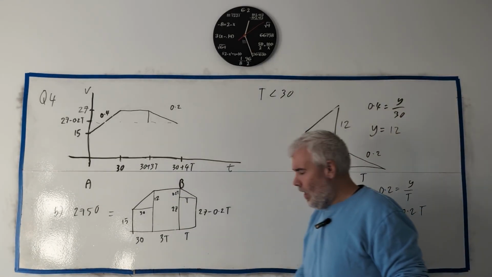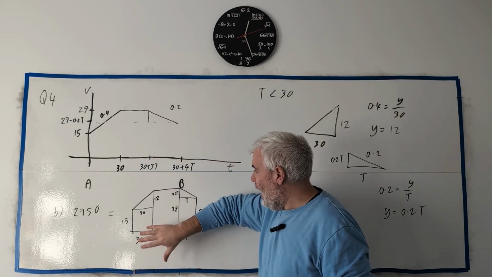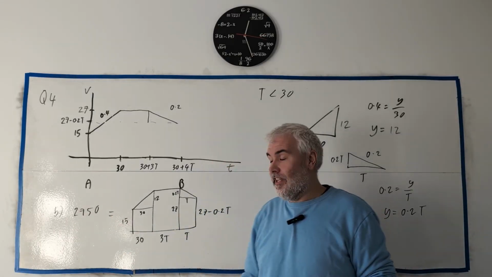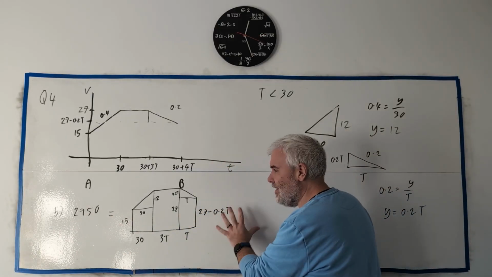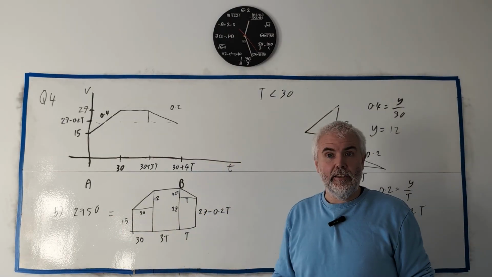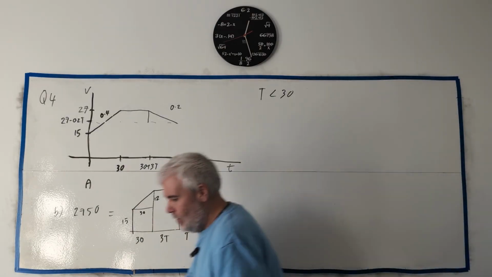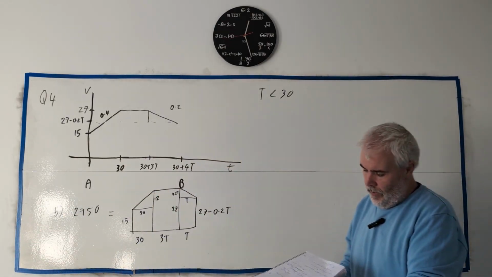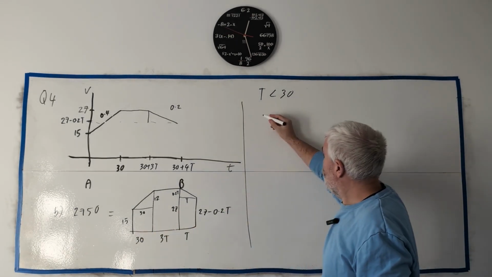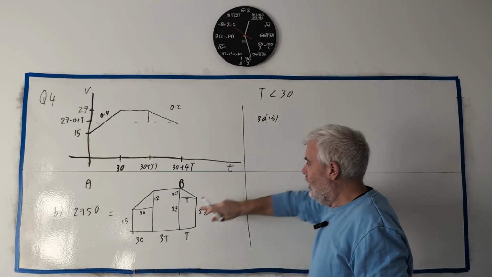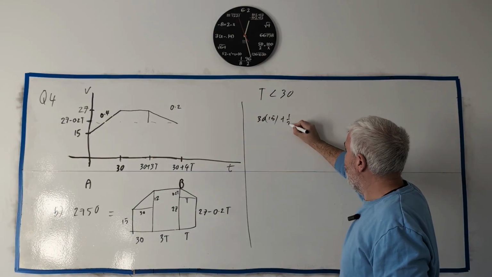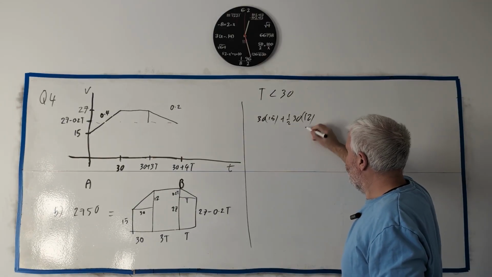Let me rub out this right hand side, and I'm going to add up all of these areas in one big equation, because I then know the answer is that. And if you look, the only unknown here is t, and I have an equation, so I should be able to rearrange things and find t. All these areas are 30 times 15. That's this box down here. Then this triangle is a half, 30 times 12.